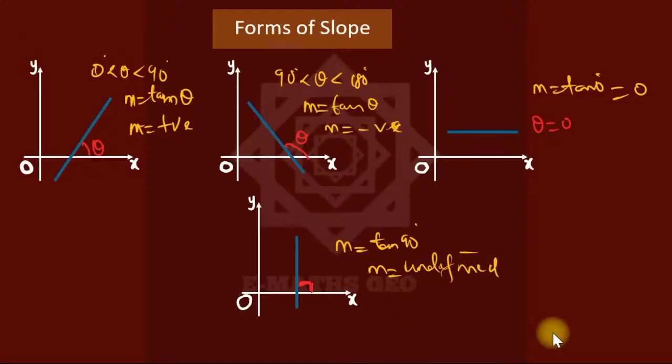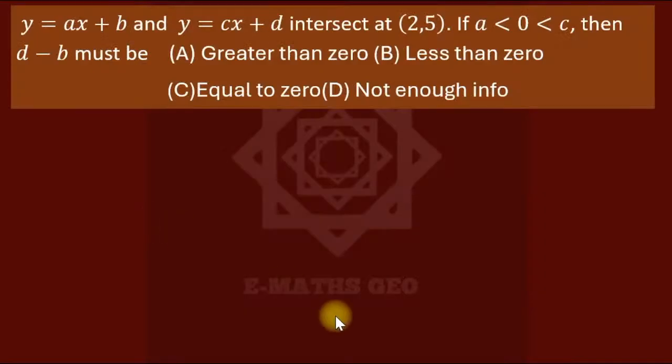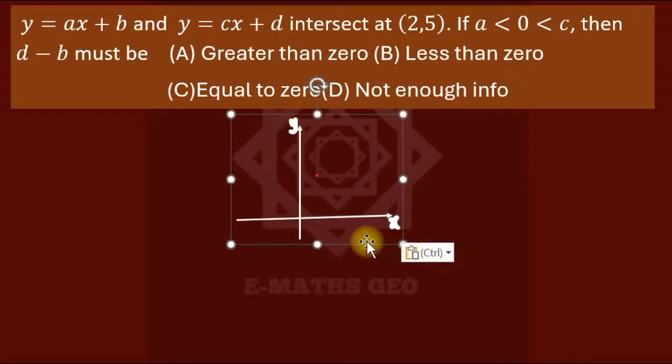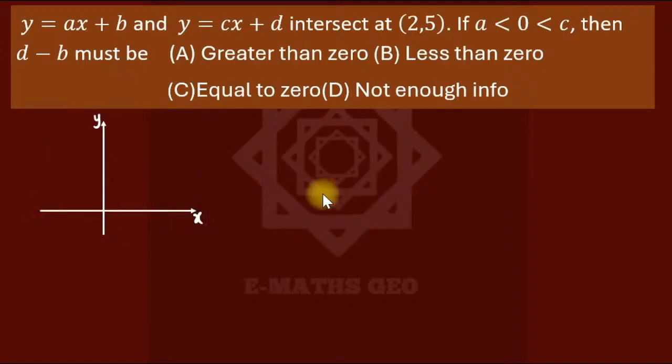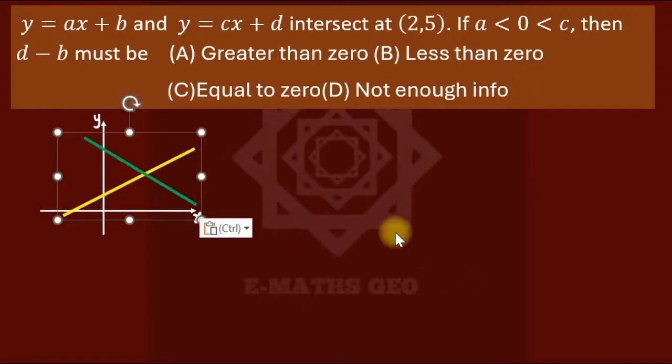So let's look at this question. First of all, let's do a diagram. These are my x and y axes. Since we have two lines, let's draw the two lines, and they gave us the point of intersection, here 2, 5.